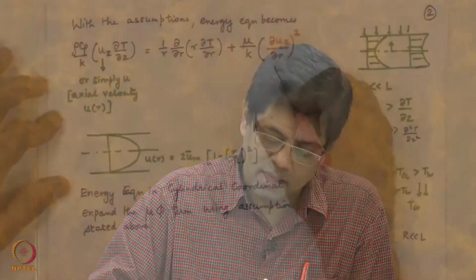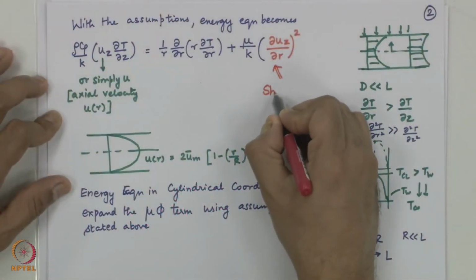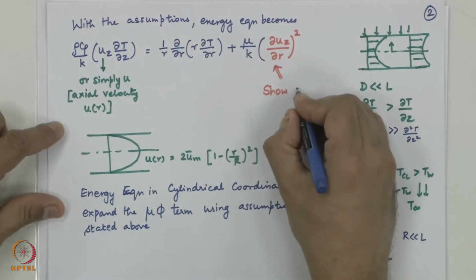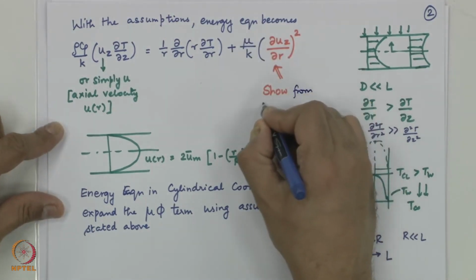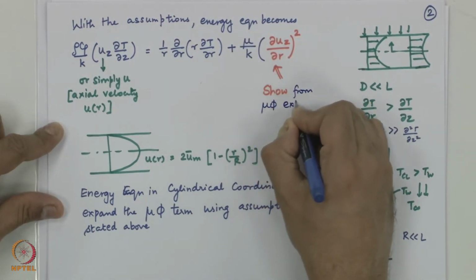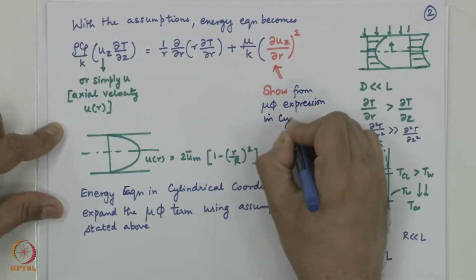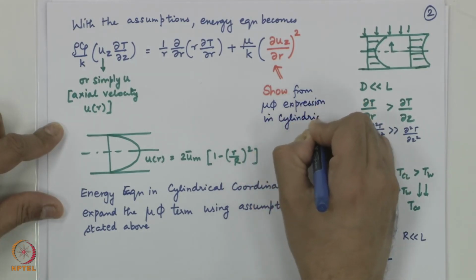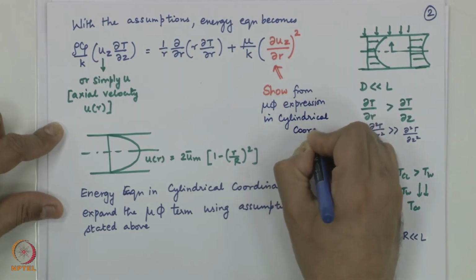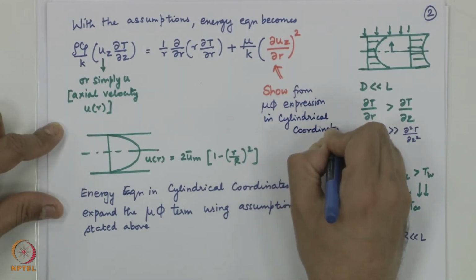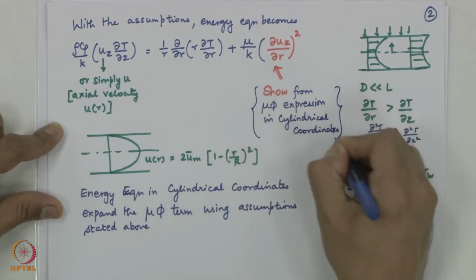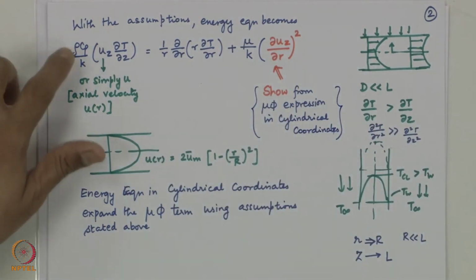This can be shown from the mu phi expression in cylindrical coordinates. This is left as an exercise. So, a lot of maths has been skipped in coming to this form.